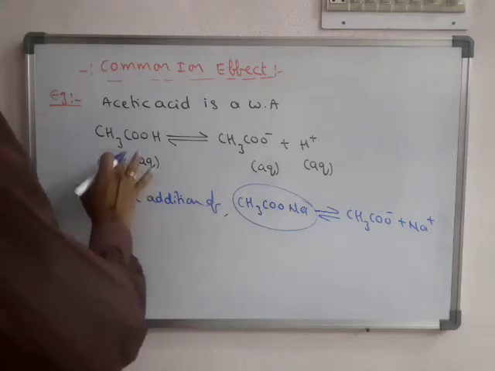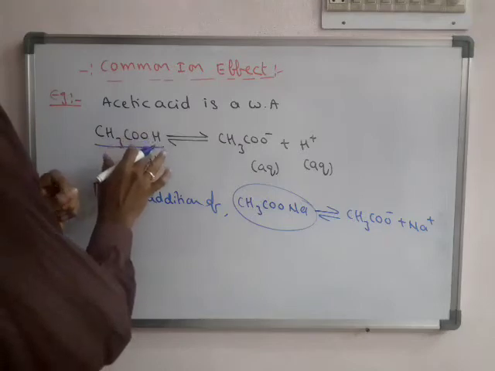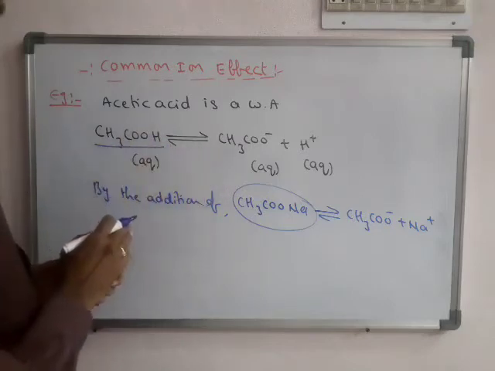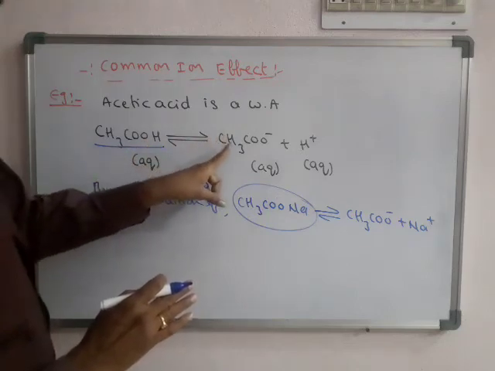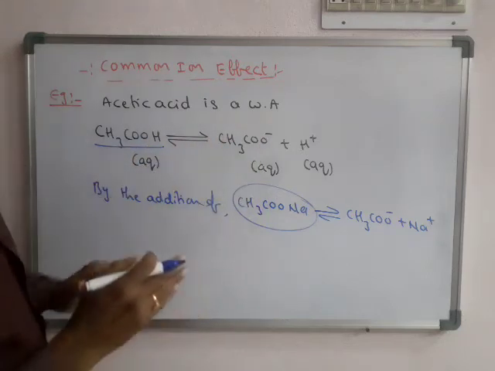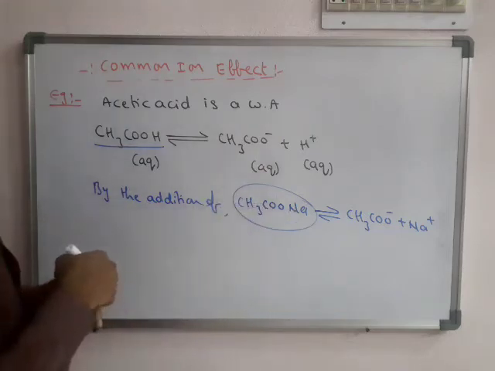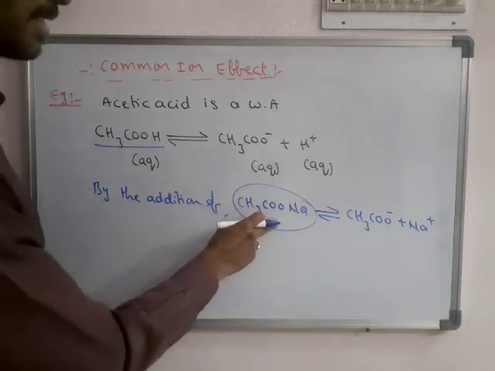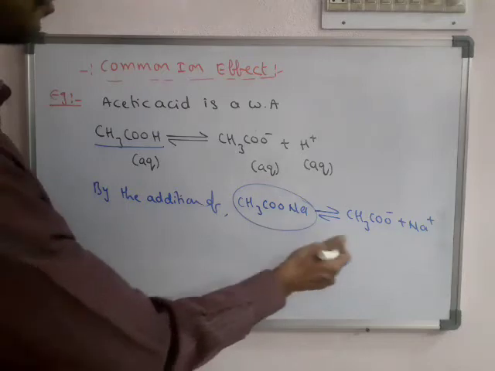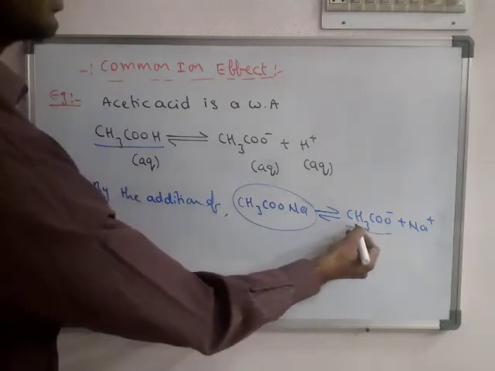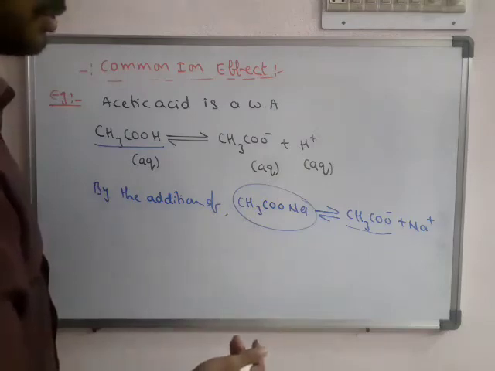As it is a weak acid, it is not 100% dissociated. For example, we take just 10% of acetic acid as dissociated into acetate ion and H plus ion. What happened by the addition of sodium acetate? It is a salt, so it also dissociates, forming acetate and Na plus in its aqueous solution.